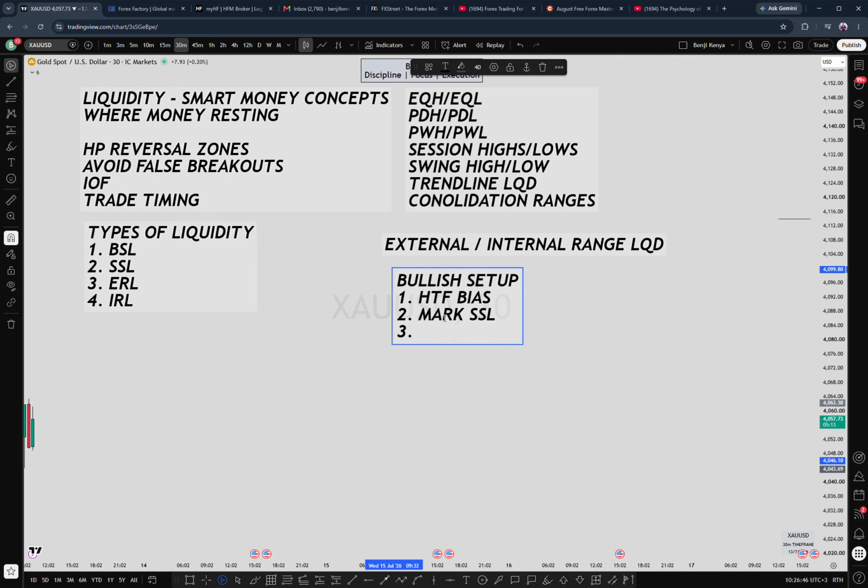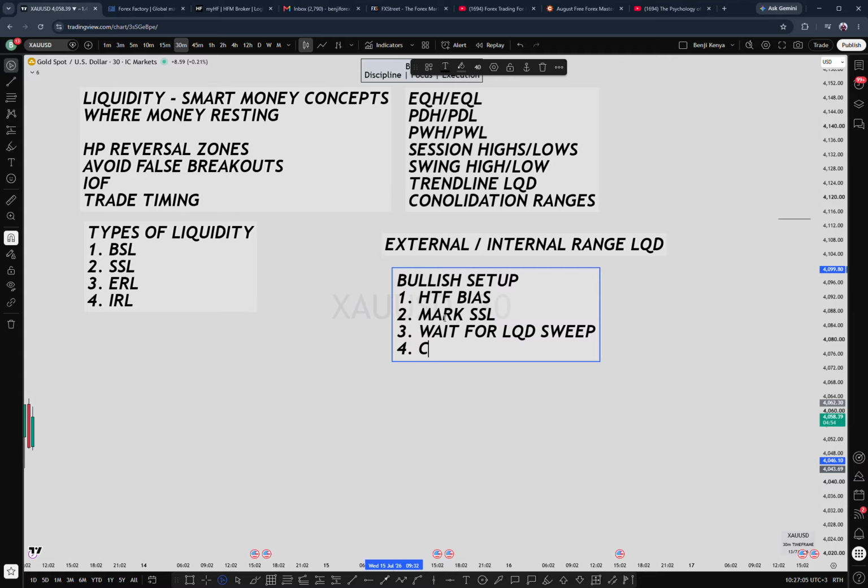Number three, what are we going to wait for? We're going to wait for the liquidity sweep. Simple as that. Number four, wait for confirmations.